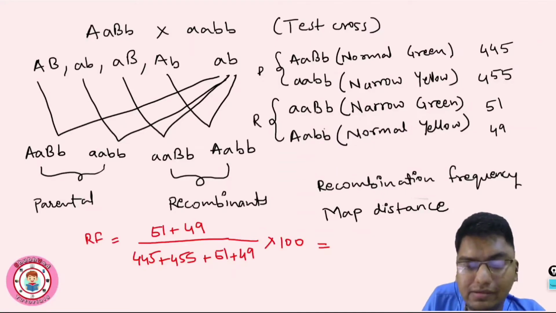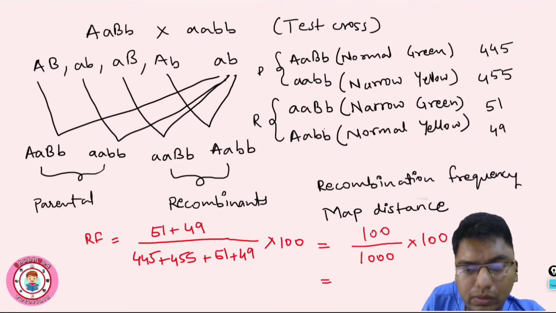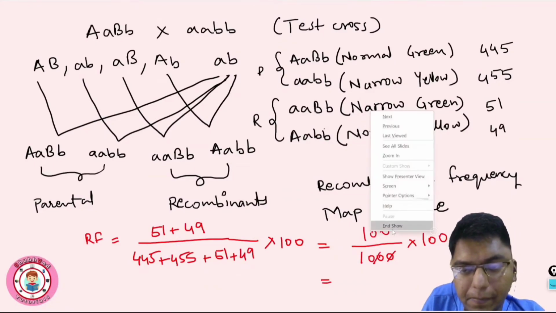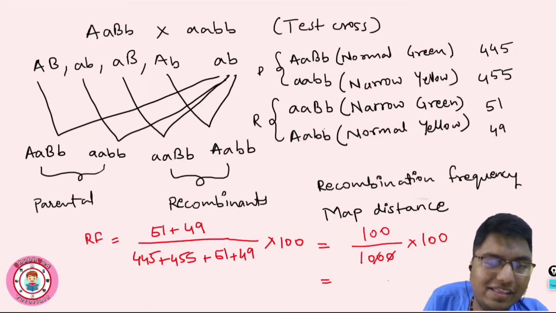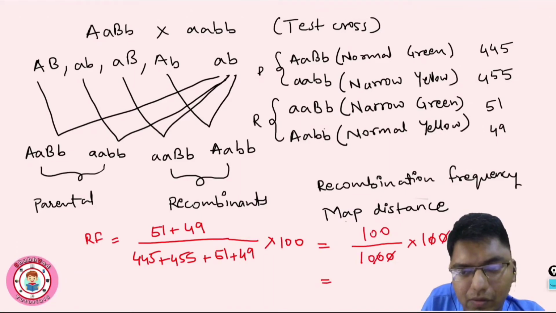Okay, so what will be the answer here? 51 plus 49 is 100 and total offsprings 1000 into 100 is equal to, cut two zeros from here, two zeros from here, right?